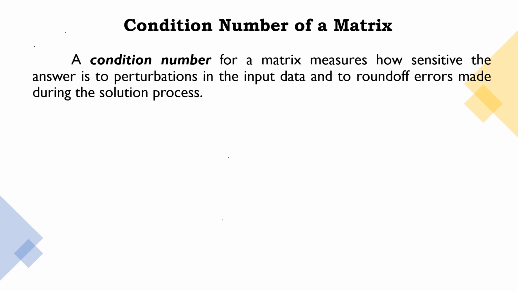For the condition number of a matrix, a condition number for a matrix measures how sensitive the answer is to perturbations in the input data and to round off errors made during the solution process.